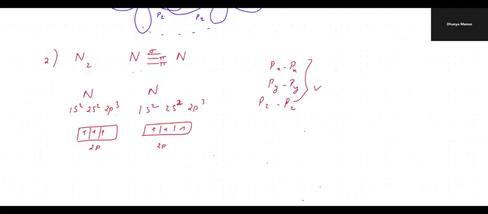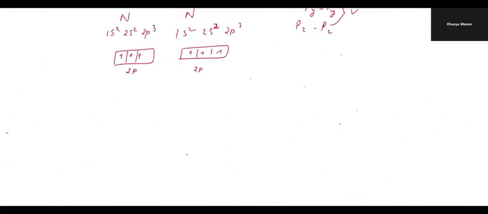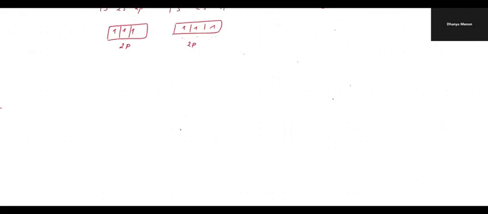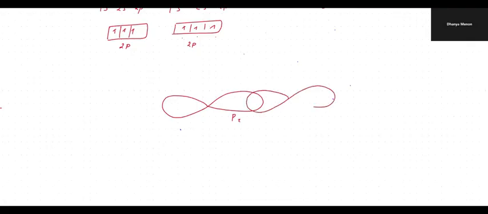Here we have px, py, pz, and here also px, py, and pz. Let's consider the pz of one nitrogen with the pz of another nitrogen. The 2 electrons overlap, so we get a sigma bond here. So pz, pz, sigma bond.